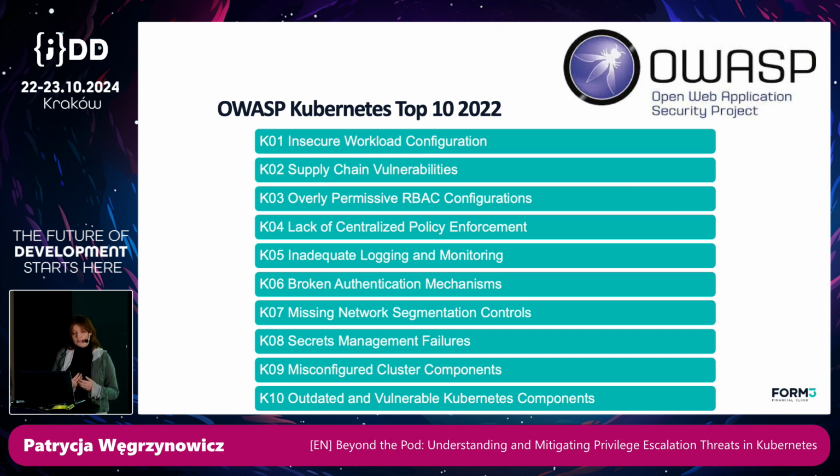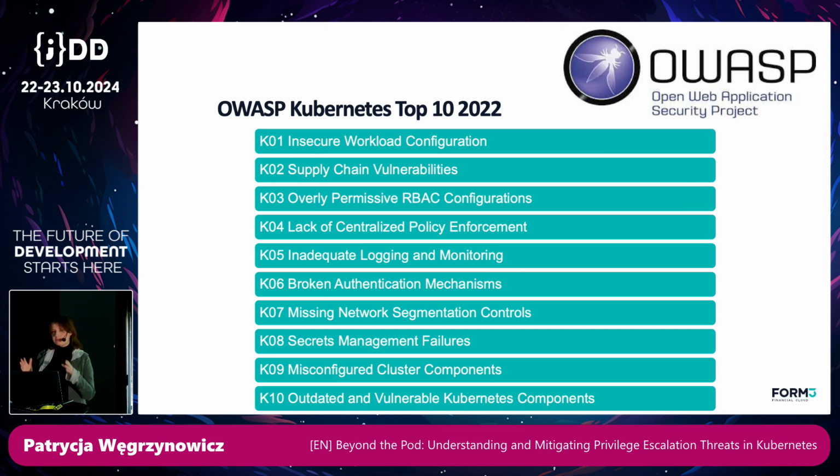Also, when it comes to privilege escalation, you can think about cross-workload communication, K07, missing network segmentation controls, because as I mentioned, Kubernetes exposes this flat network security model, so basically each pod can communicate with any other pod.